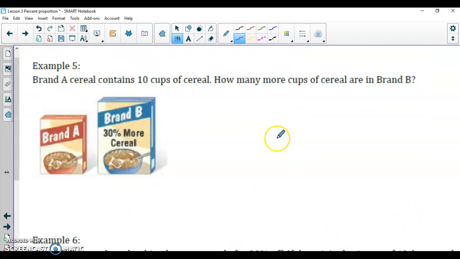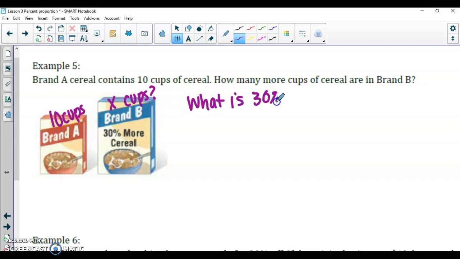So we have example 5. Brand A cereal has 10 cups of cereal. How many more cups are in brand B? So this is 30% more. This is 10 cups, and we want to know x cups. If this is 10 cups, we need 30% more than this one. So we need to know what is 30% of 10. That's really our question. So is over of, percent over 100.